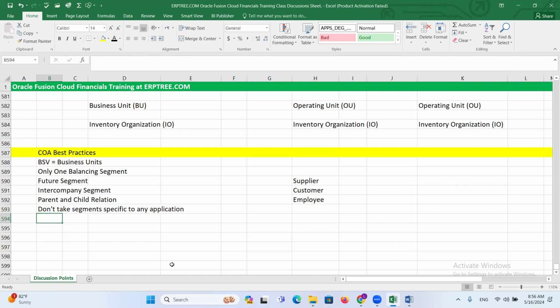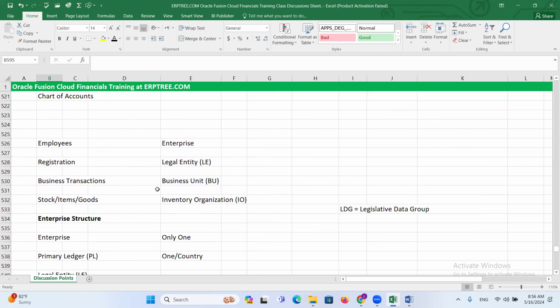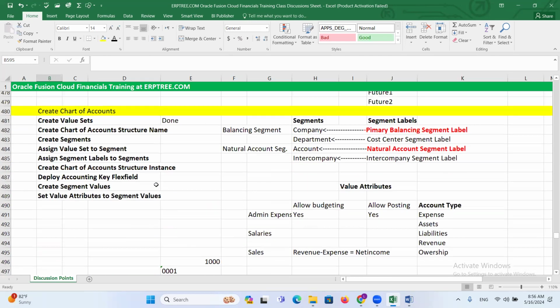And again, grouping, account grouping. That account grouping we'll also see along with the rapid implementation concept. We created segment values within the chart of accounts.